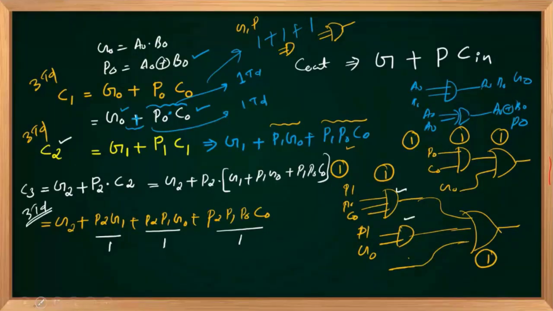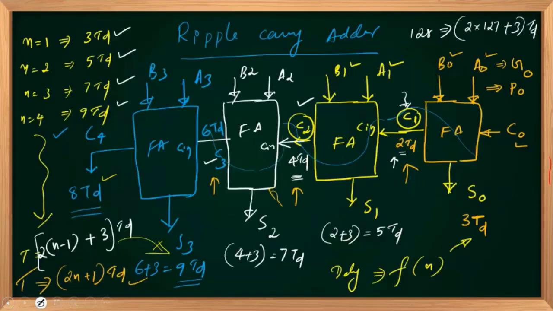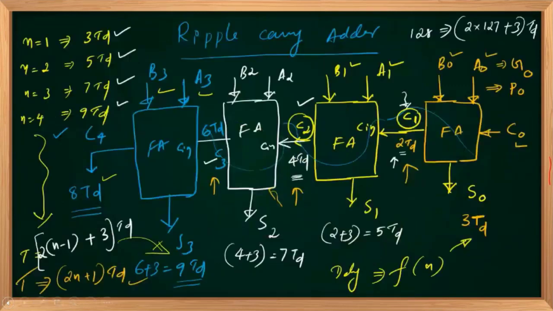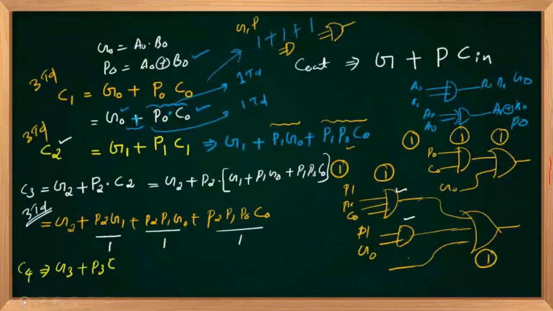And finally, if you're writing for C4, you will write it as G3, the fourth stage may generate it, right? This is A3 and B3, so G3 plus P3 times its input carry, which is C3, right?